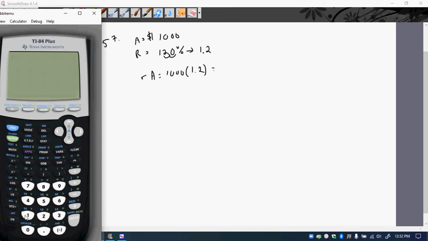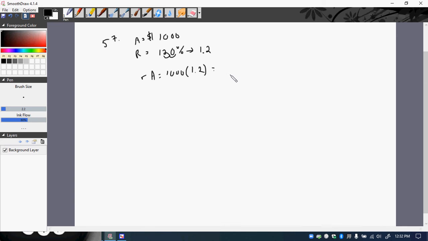and so on our calculator we're going to do 1,000 multiplied by 1.2, so we get 1,200. So we're looking at 1,200. Okay, so that would be our account increase.